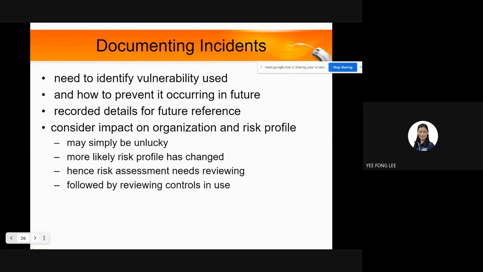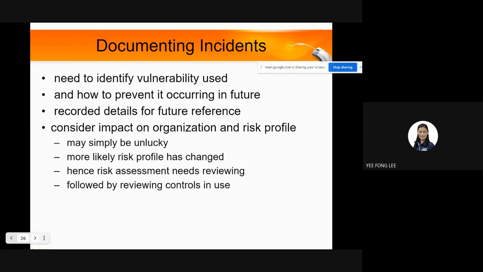Need to identify vulnerability. Following the immediate response to the incident, there is a need to identify what vulnerability led to its occurrence and how it might be addressed to prevent it from occurring again in the future. So the details of the incidents and the response taken shall be recorded clearly for future reference.